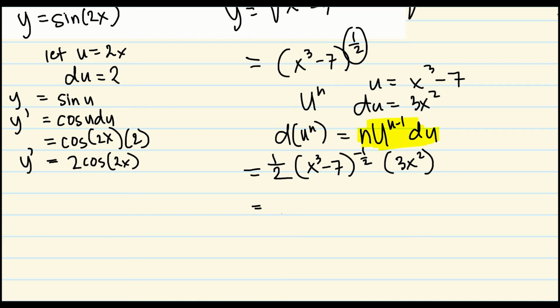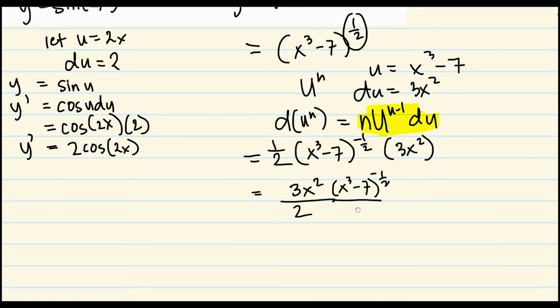So we have 3x squared over 2 square root of x cubed minus 7. How did it get down below? First we have the 2, and then x cubed minus 7 to the power of negative 1 half.